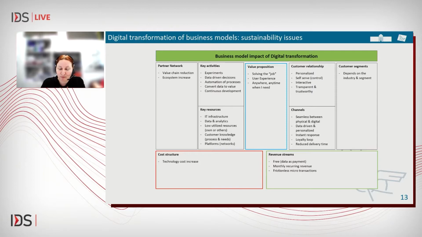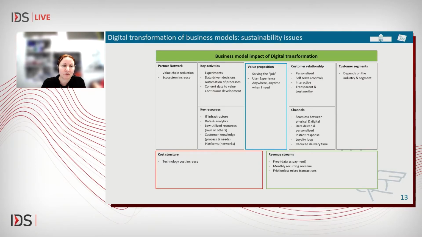What could be the value proposition? It could be that we are solving our job because we transform our business models. Next, it could be better user experience. It could be anywhere, anytime when the customer needs something.